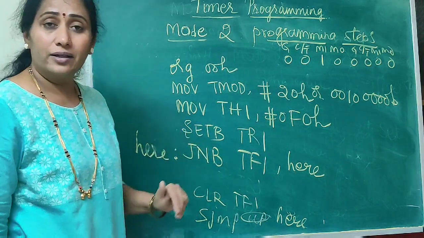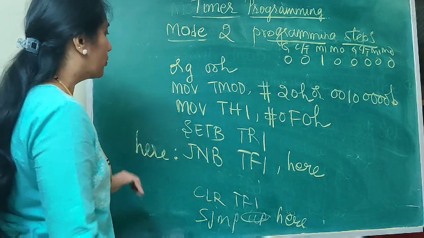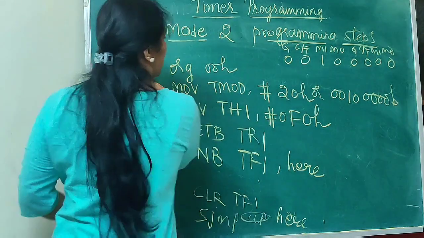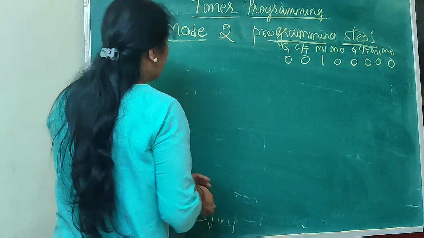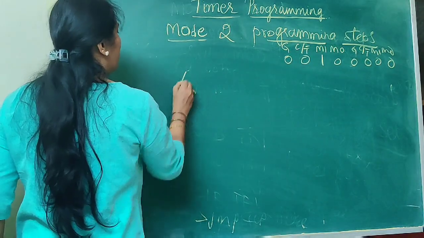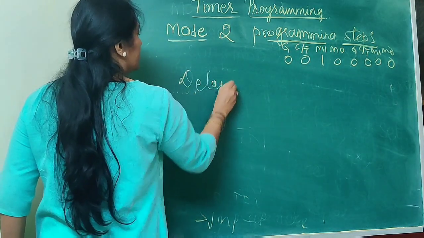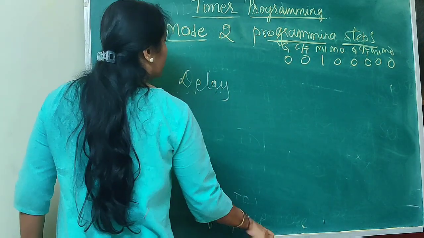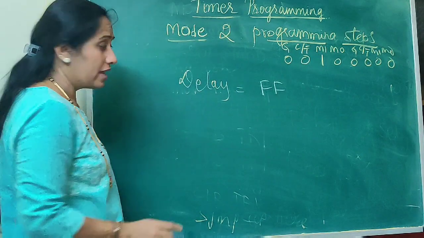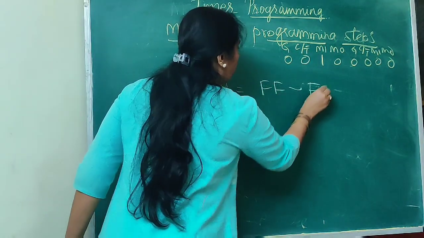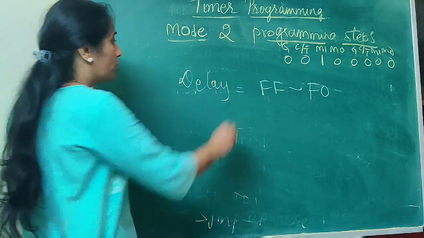How are you going to calculate the delay which is produced by mode 2 programming? See, the count which I have loaded is F0. Let me take that particular value only. The delay which is produced is equal to what? The maximum count in mode 2 is FF minus the count whatever I have loaded, that is F0.